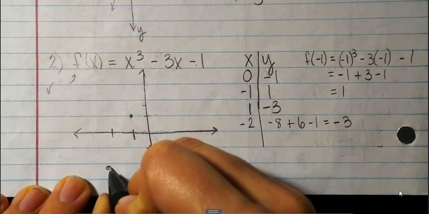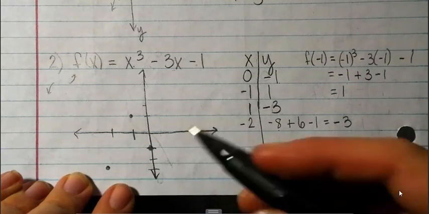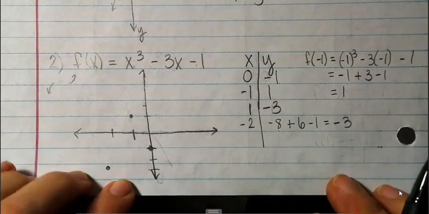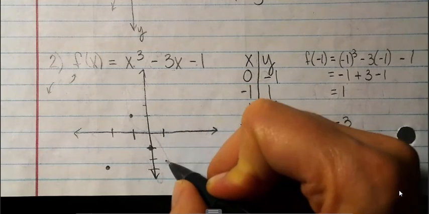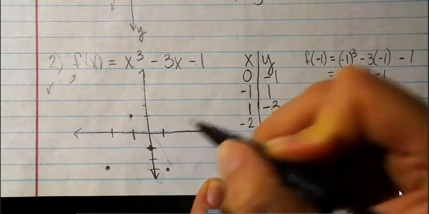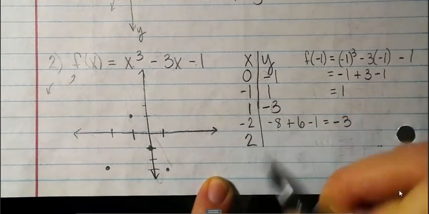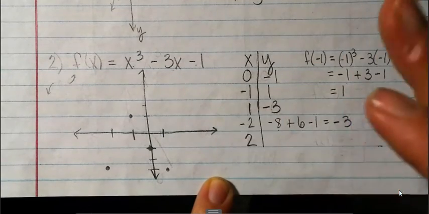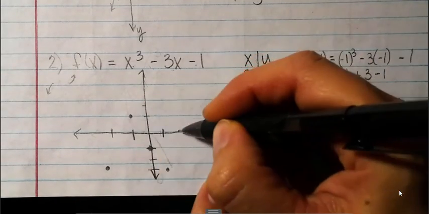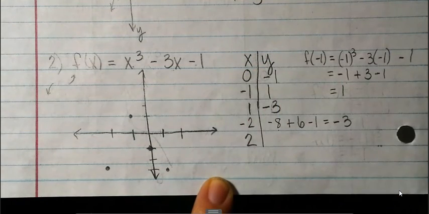It's coming back around. Okay, now let's see what happens on the other side. Okay, so at positive 1, oh, I'm back down to negative 3. And I'm going to go ahead and plug in 2 just to make it somewhat symmetrical here. Not exactly symmetrical, but just so that I have the same amount of inputs and outputs.